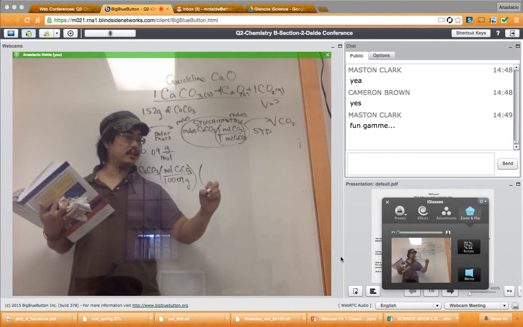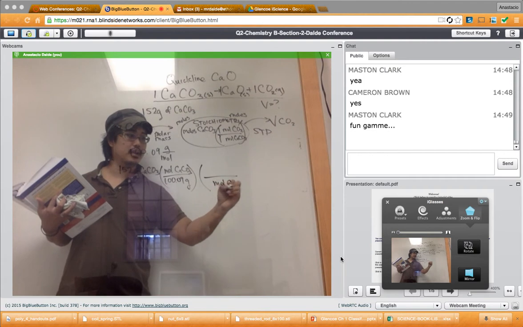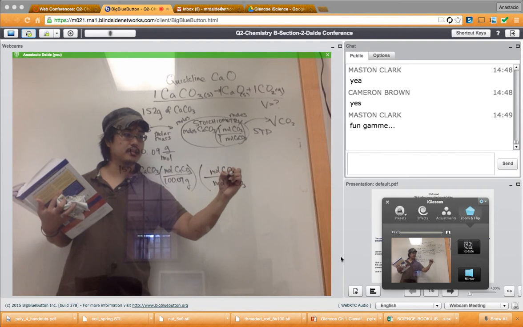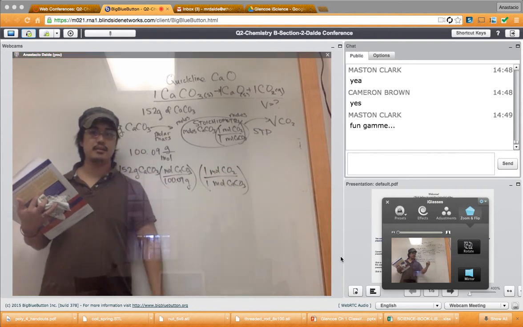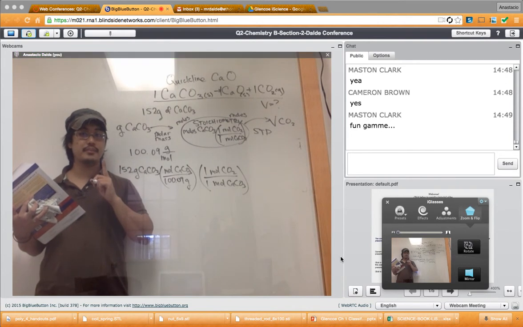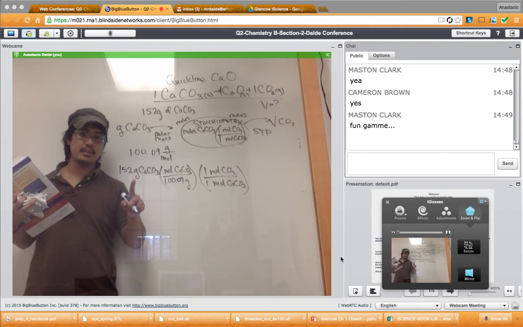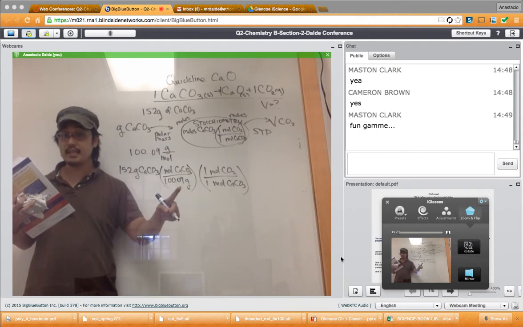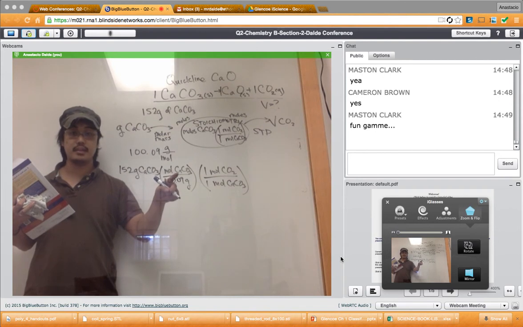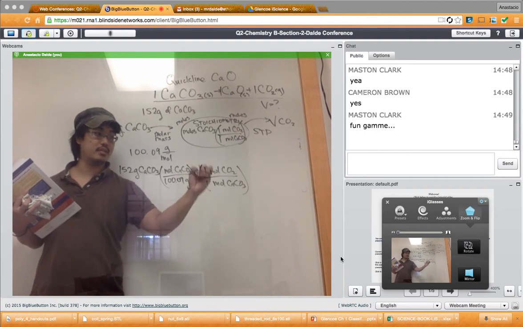Then I'm going to take that and multiply by moles of CaCO3, moles of carbon dioxide. So look, here are the steps that I took. I started off with grams. I used the molar mass to convert into moles of calcium carbonate. This is the stoichiometry part. This is the game right here. It's just this one step right here.